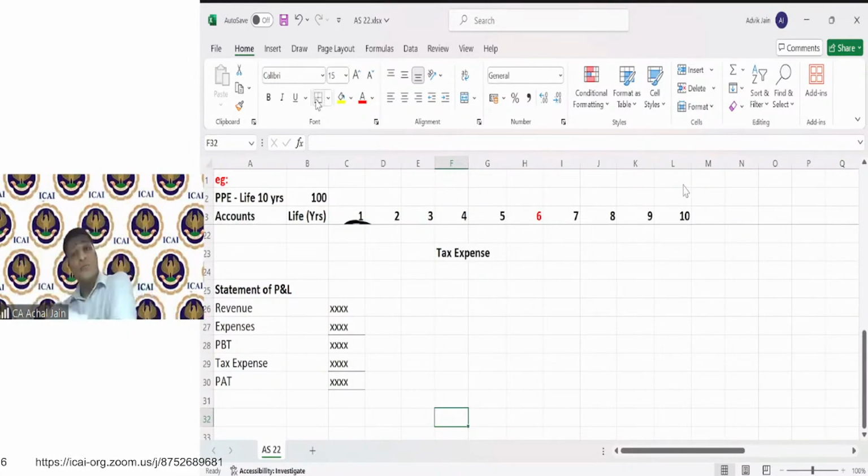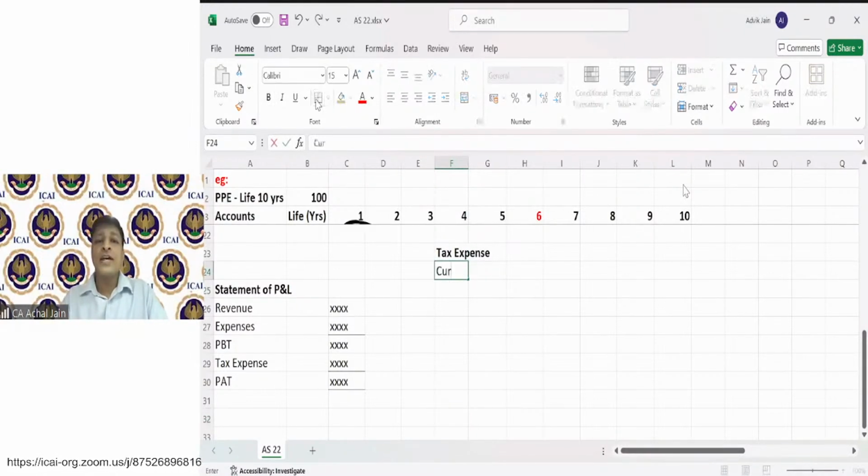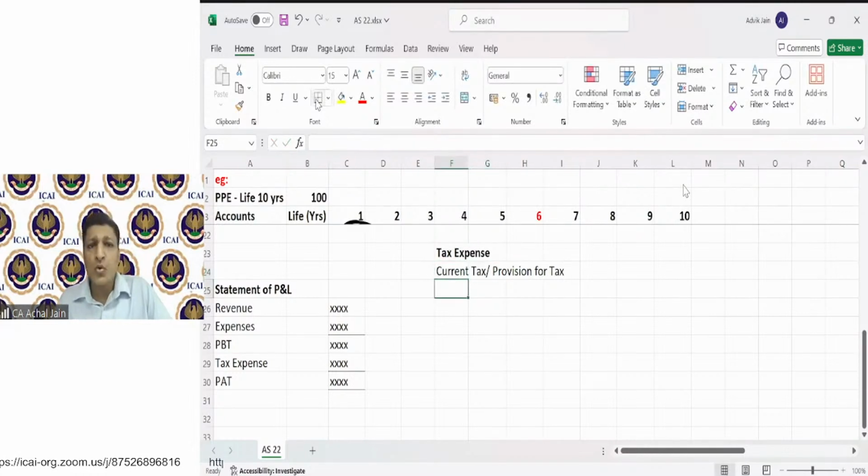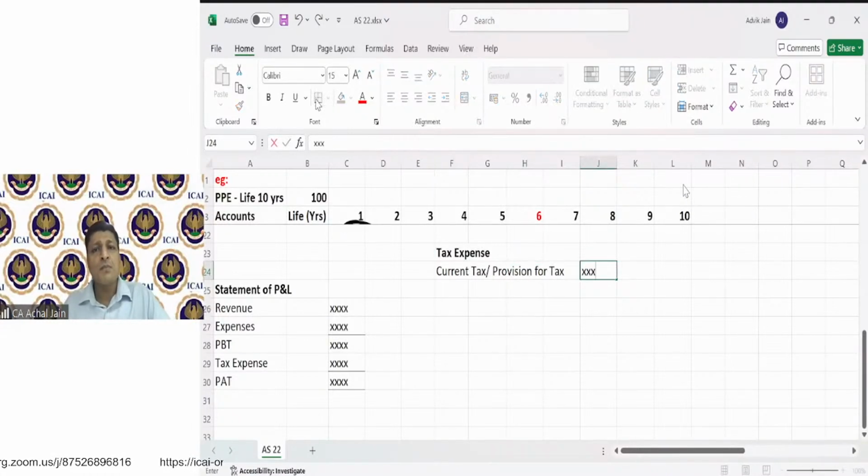I'm not saying the tax consequence will arise in future years, like it happens in the case of deferred tax. What do you call it? That is called current tax. And very popularly, this is also called provision for tax. Current tax and provision for tax are one and the same thing. So what do they indicate? They indicate the tax liability which the company will be required to pay for the current year. Now, let us suppose this is some X amount.